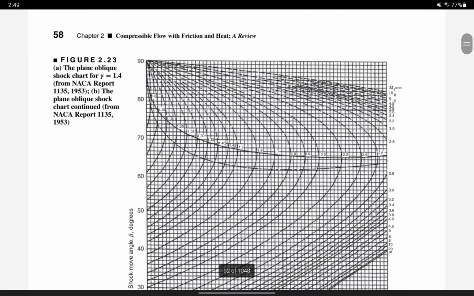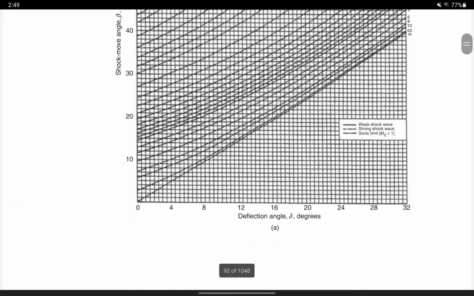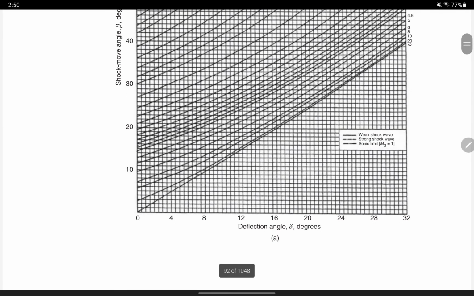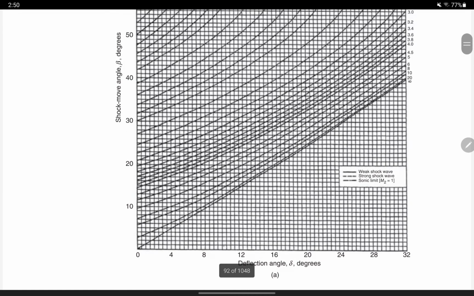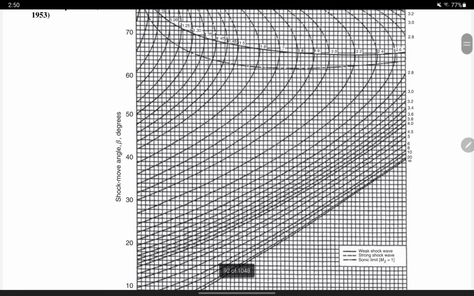It's a very, very huge figure, right? So you are going to have the deflection angle delta or theta, it doesn't really matter which one you choose, and you're going to have the shock wave angle beta, and these lines are the Mach number lines.